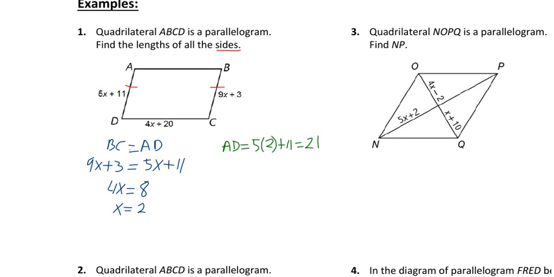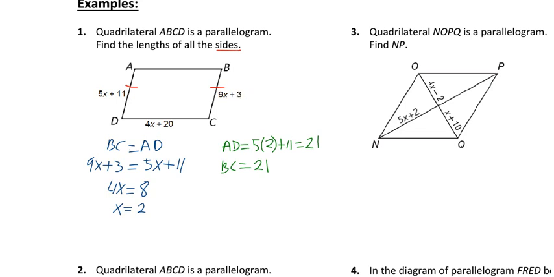And so BC should also be 21. I don't need to do the computation because we know that opposite sides are congruent, but if you do, you should also get 21. 9 times 2 is 18, and 18 plus 3 is 21.